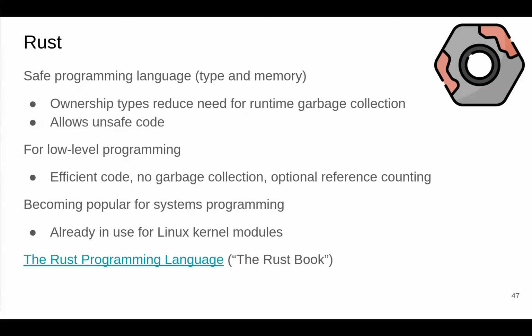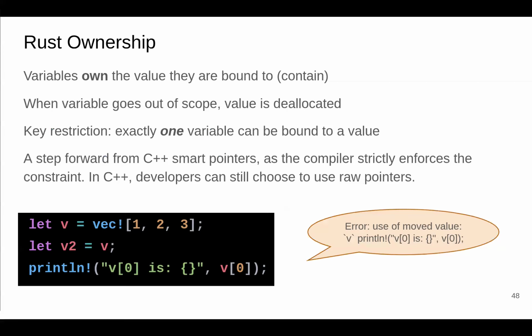It's very efficient, no garbage collection, and the abstractions boil down to very simple mechanisms. It's becoming rather popular, so it's being used in Android, as I mentioned at the beginning of the class, but also in the Linux kernel. There are larger chunks being written in Rust, and especially for new components, it makes a lot of sense to write these components in Rust.